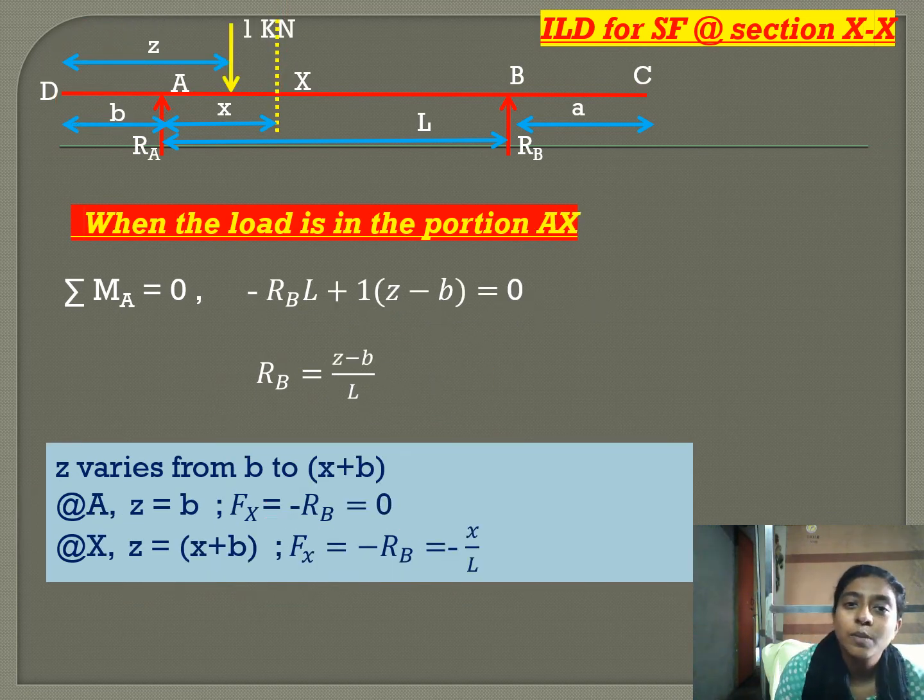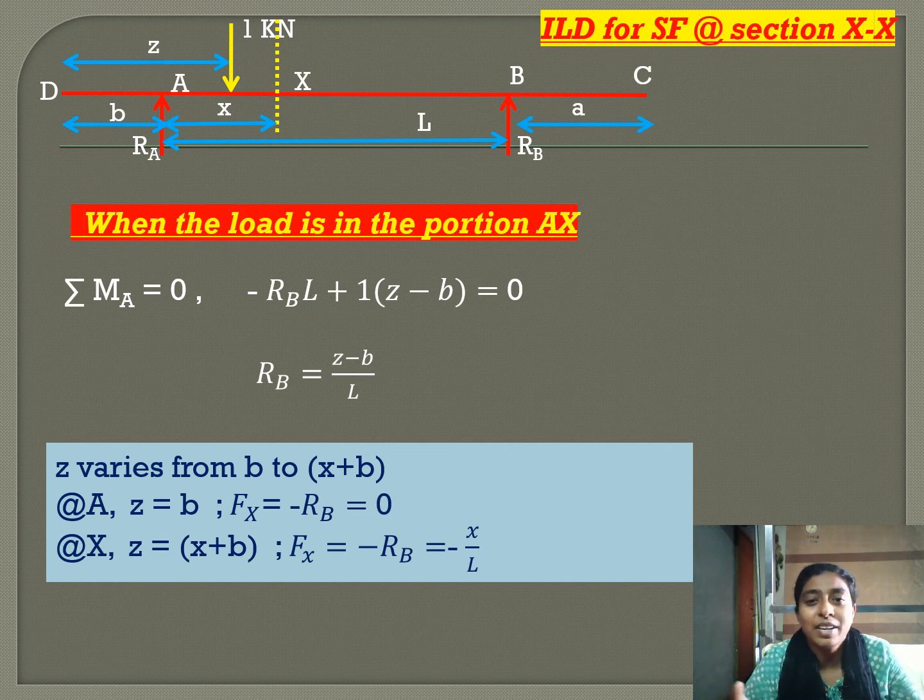Similarly, when the load is in the portion AX, second part, the load is on the left of the section, so we have to find RB.